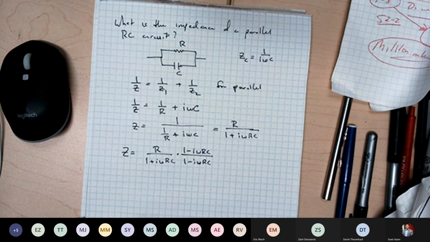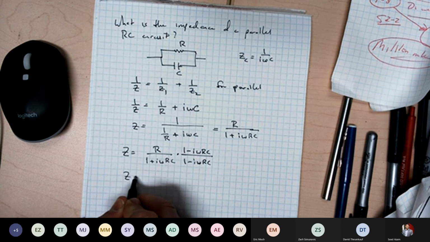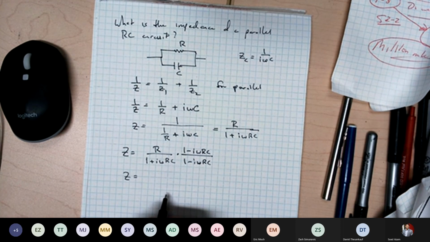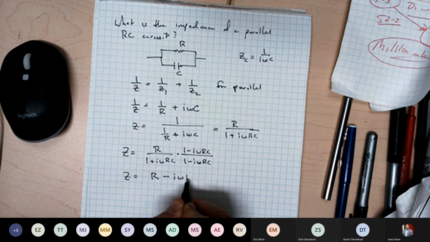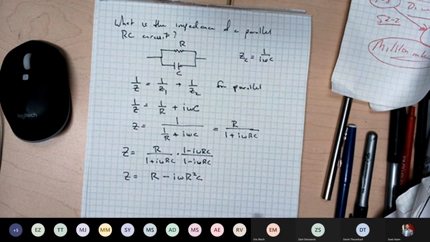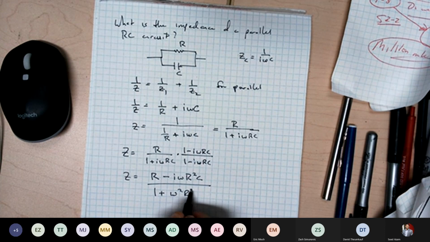And then if you do the product, you get Z equals R minus i omega R squared C, and the two bottom components give you 1 plus omega squared R squared C squared.